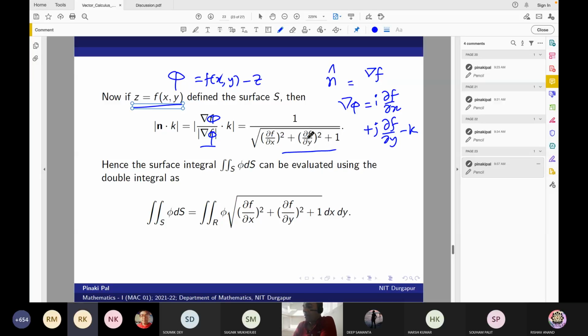Why does z have no contribution here? It's a partial derivative, so we differentiate with respect to x, and z is constant, so it will not contribute.